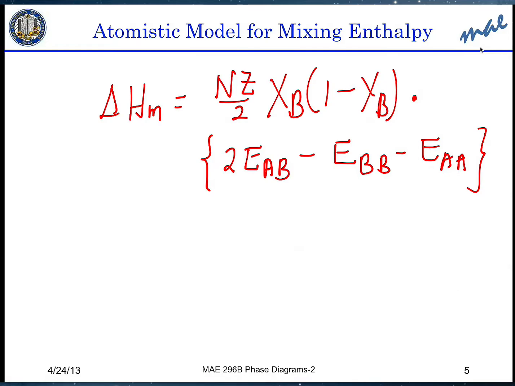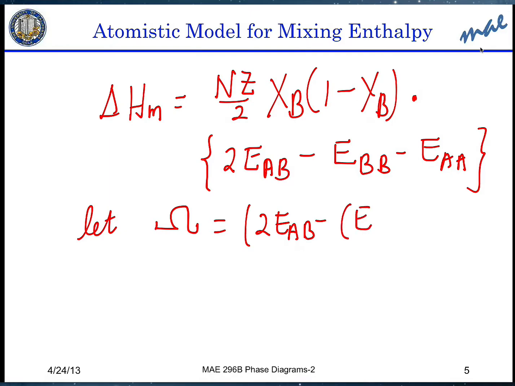And that we can write in a little bit better form if we consider the following. So I'm going to let omega be equal to 2EAB minus the sum of EBB plus EAA, times NZ over 2.